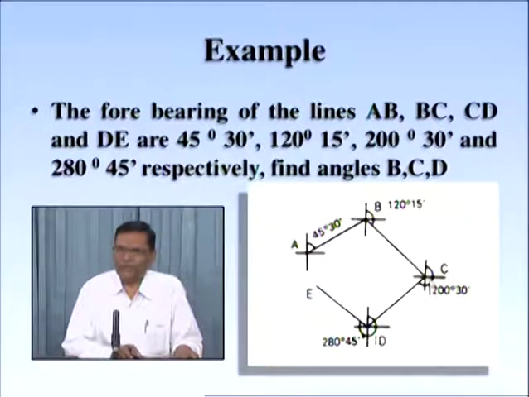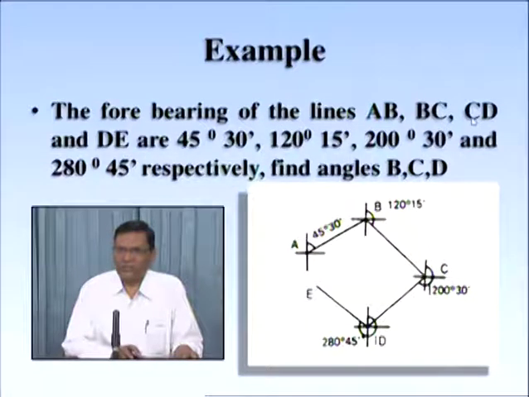If it is not a closed traverse, then the last point need not match point A. If it were closed, you would have to match it, but in this example it is not given. So simply put 120 degree 15 minute and draw the line BC. Again from point C, draw the north, south, east and west lines.